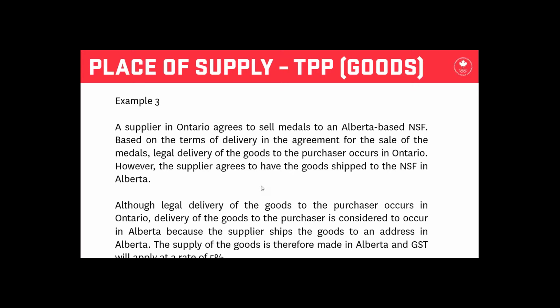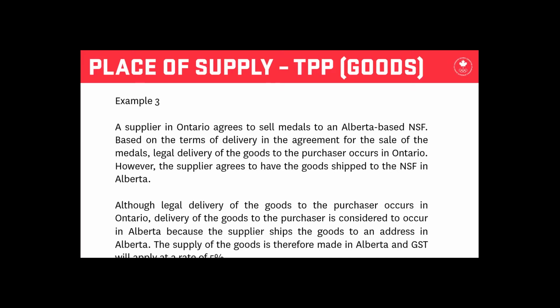A couple more examples and then we'll move on to the next topic. A supplier in Ontario agrees to sell medals to an Alberta-based NSF. Based on the legal terms, delivery is supposed to occur in Ontario. However, the supplier agrees to have the goods shipped to the NSF in Alberta.